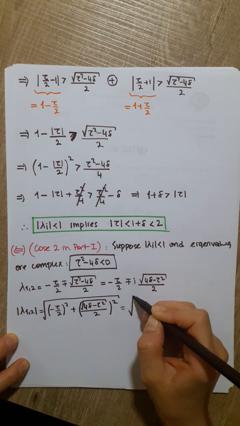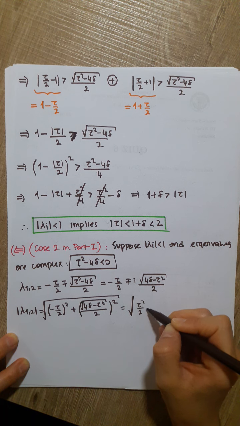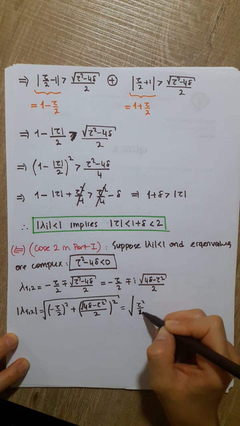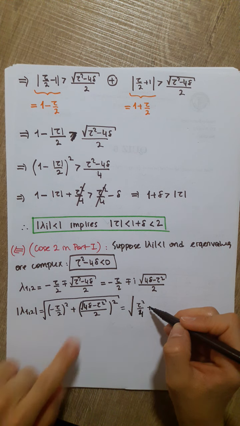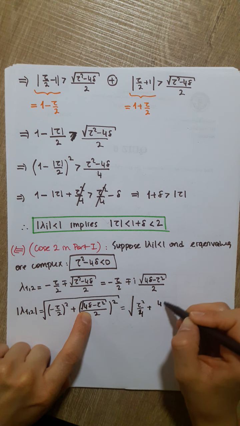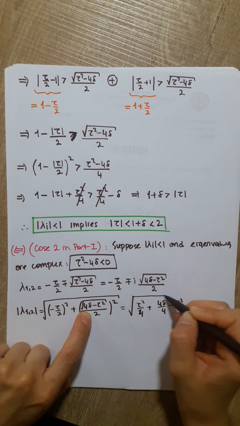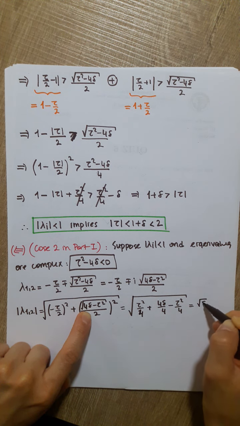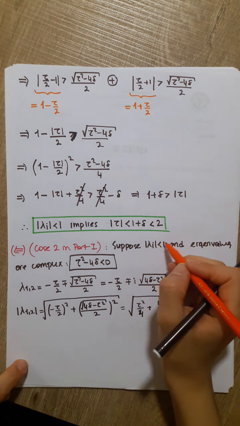So we have in the square root tau squared over 4, plus the square of this side, which is 4 delta over 4 minus tau squared over 4, which is equal to square root of delta.